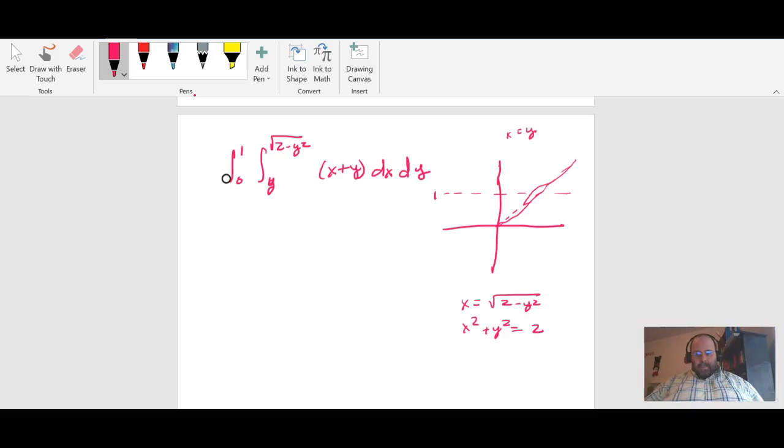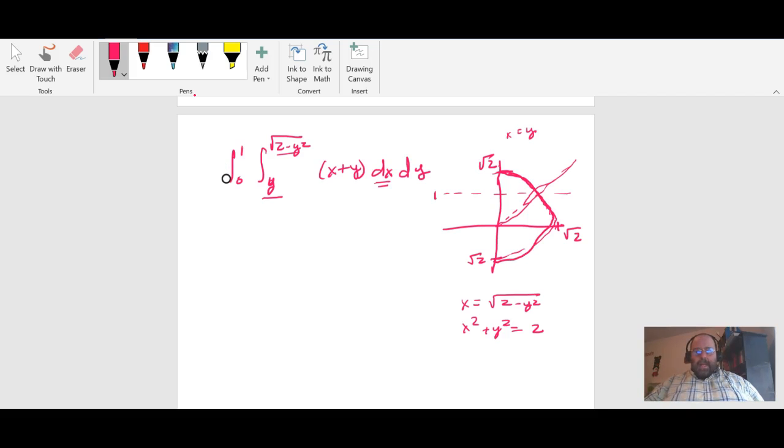However, where I made the mistake was thinking, oh, this is y as a function of x, which would give me the circle this way. But this is x as a function of y, which is going to give me the circle this way. So what I need to look at here is radical 2 this way, radical 2 this way, negative radical 2 down here. And the part of the circle that I'm looking at here happens to be this one.